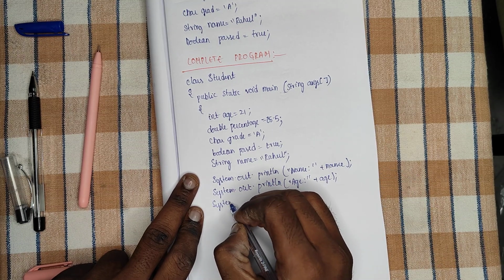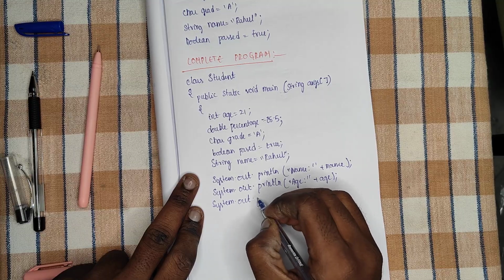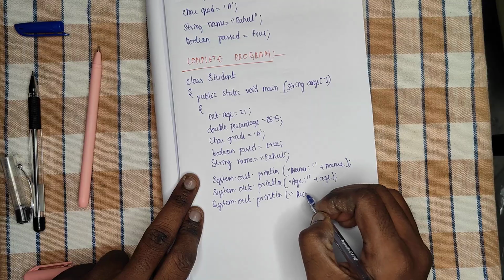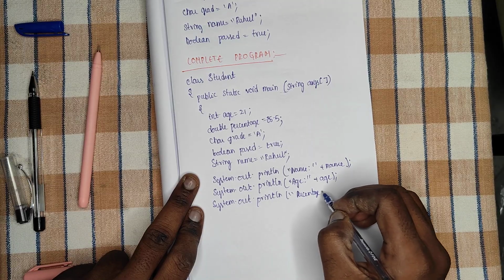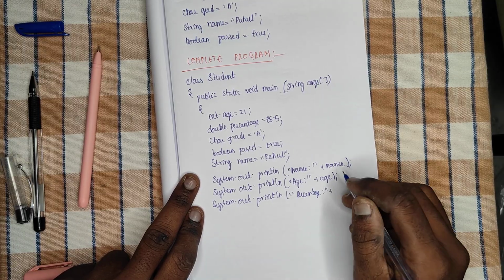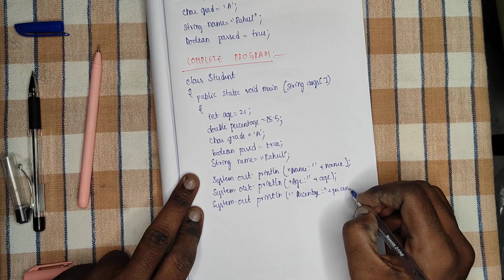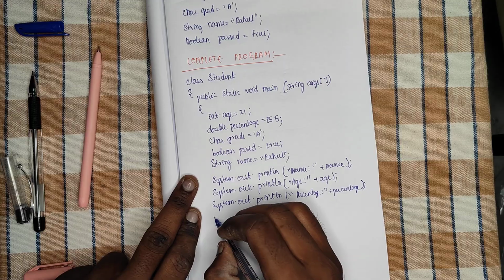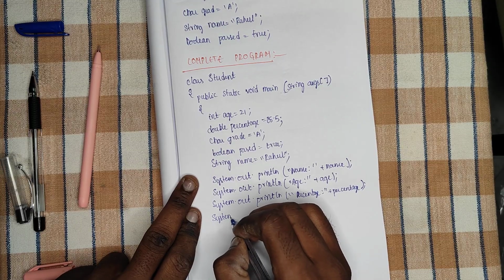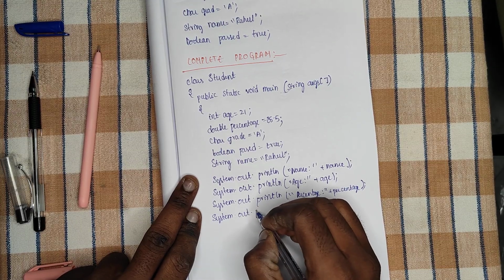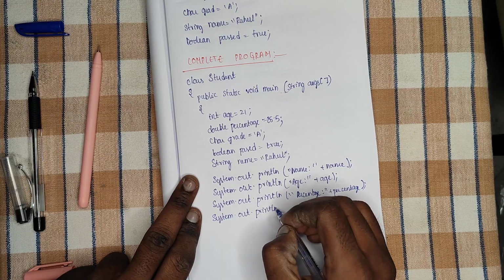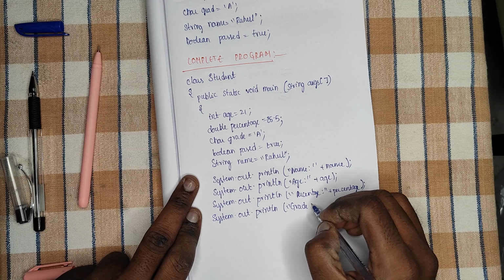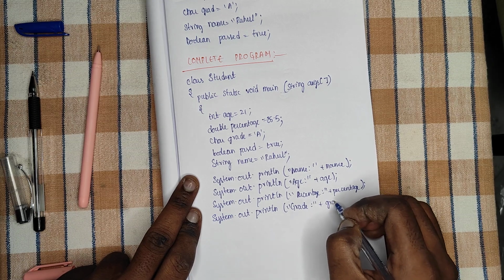So system dot out dot println percentage plus percentage. System dot out dot println grade plus grade.